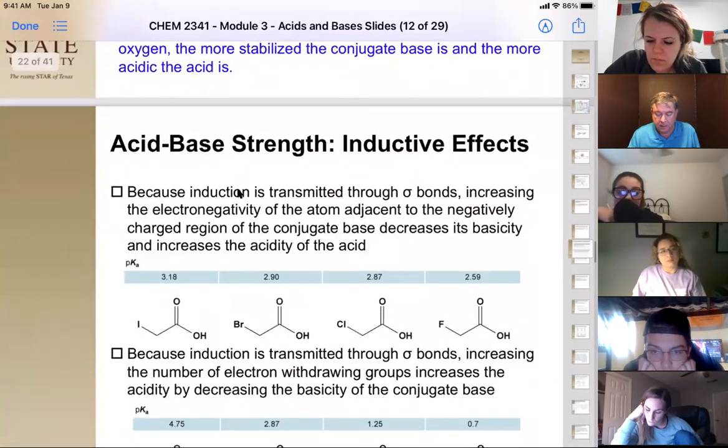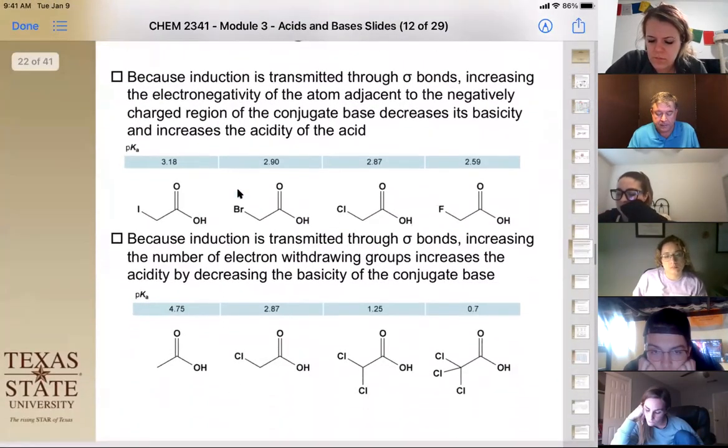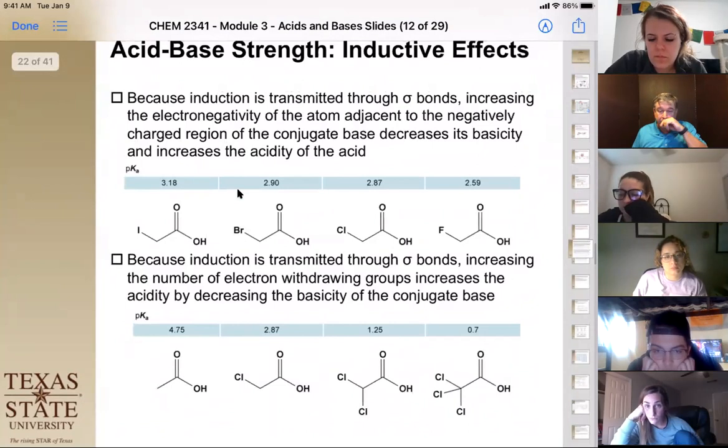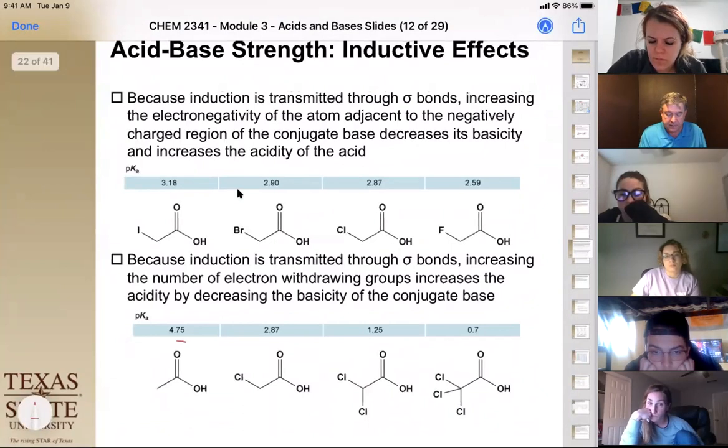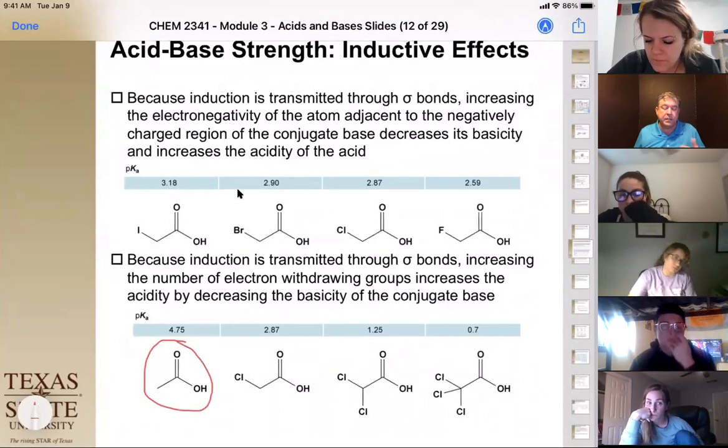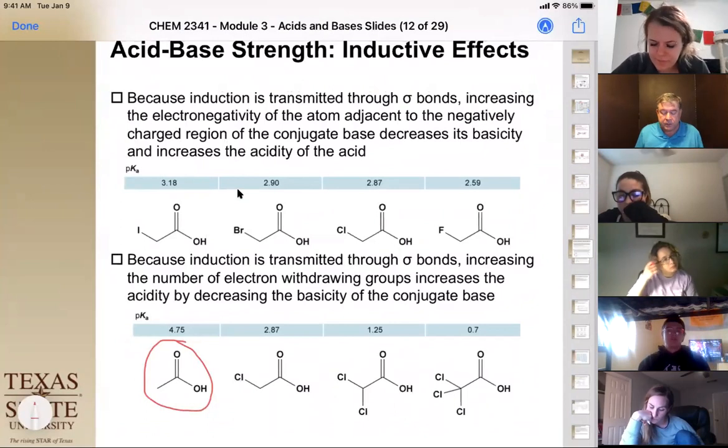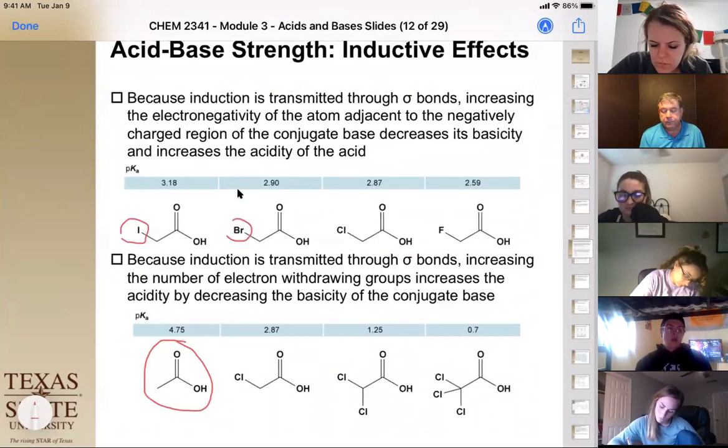Okay. So let's look at the effect of different groups on our carboxylic acid. We're going to start with our basic carboxylic acid right here, acetic acid, and we're going to change some things. The first thing we're going to change is the nature of the electron withdrawing group.